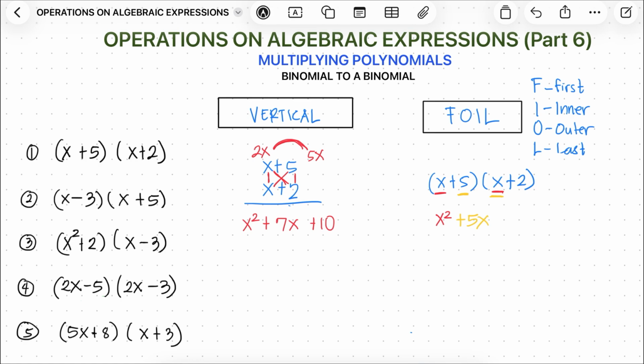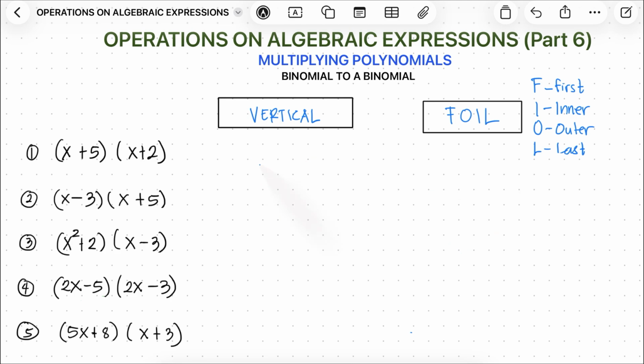And then we have outer terms, which refers to x, and then 2, that will be 2x. And then lastly, last terms, which refers to 5 and 2, so that's positive 10. And then make sure to combine like terms, so that gives you x squared plus 7x plus 10.